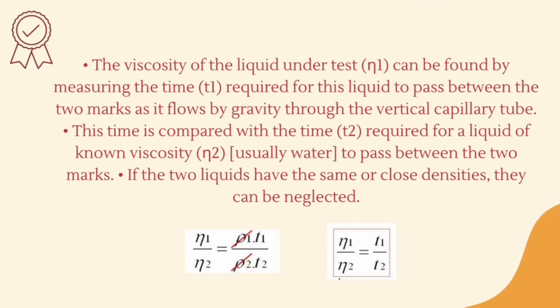The viscosity of the liquid under test can be found by measuring the time 1 required for this liquid to pass between the two marks as it flows by gravity through the vertical capillary tube. This time is compared with the time 2 required for a liquid of known viscosity, usually water, to pass between the two marks.